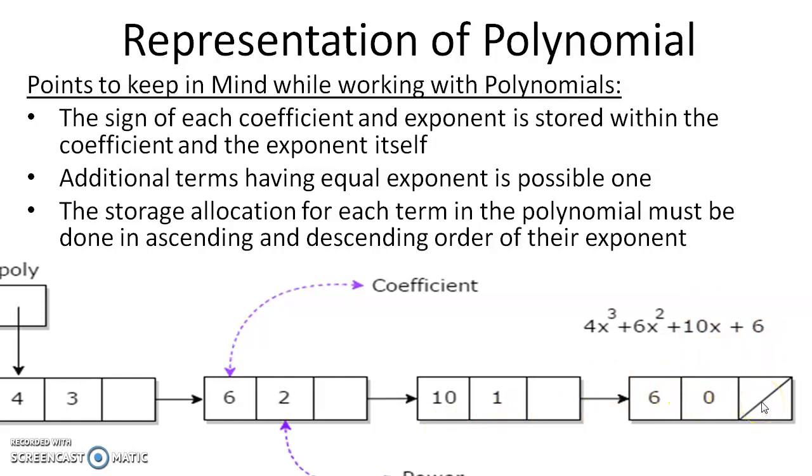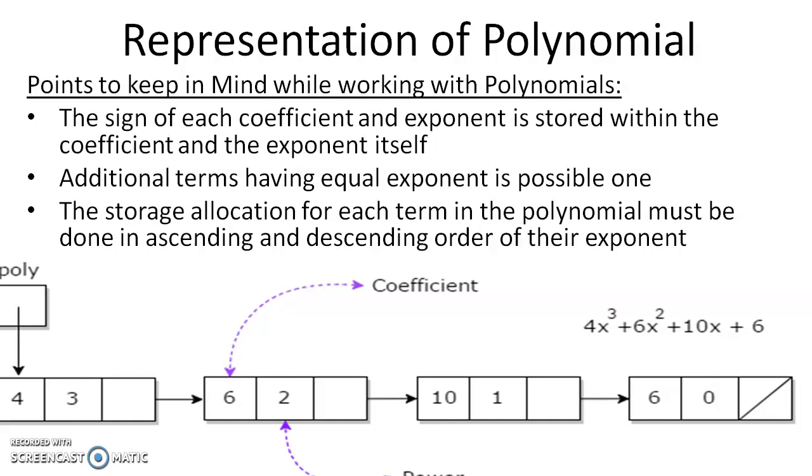When representing the polynomial, the main thing to remember is that the sign of the coefficient is not stored separately. It is kept with the coefficient itself, because an integer can hold both positive and negative numbers. The exponent is a positive number. Terms of the same degree will not be present multiple times; only once will we have a given power.